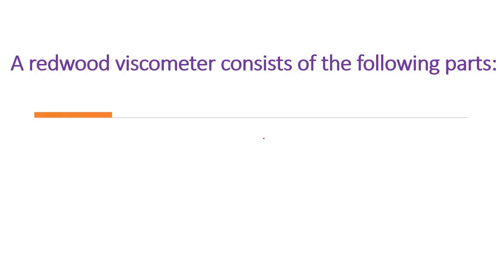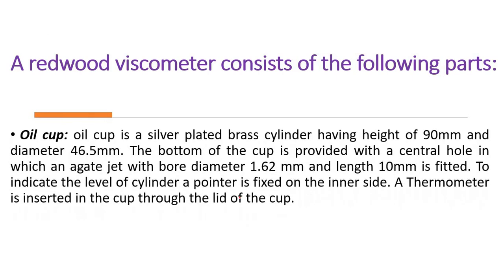Now we will see the parts of the apparatus. First one, that is the oil cup. As I have already told you, this oil cup is a silver plated brass cylinder having a height of about 90 mm and a diameter of 46.5 mm.